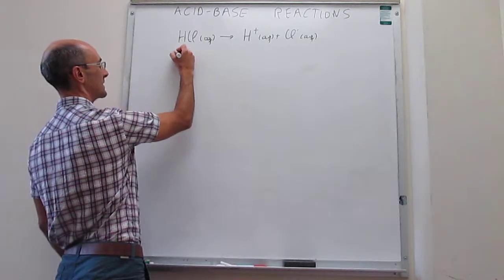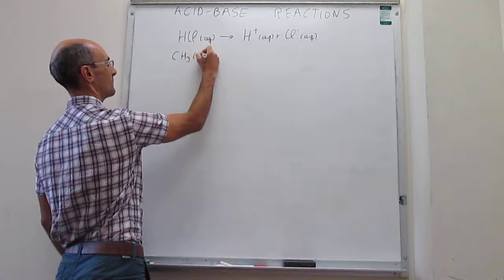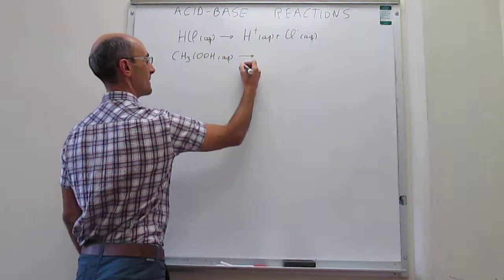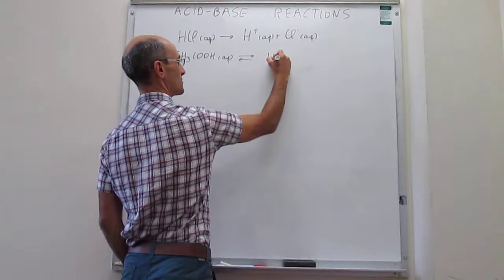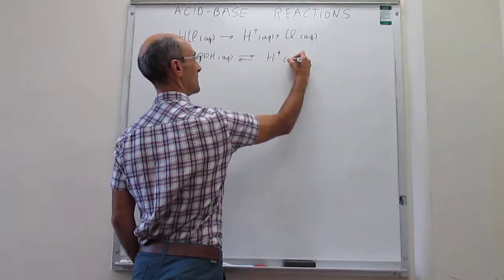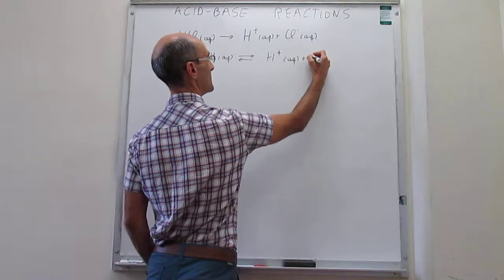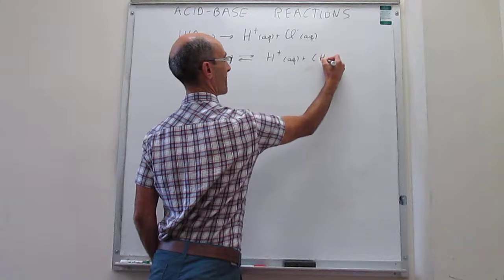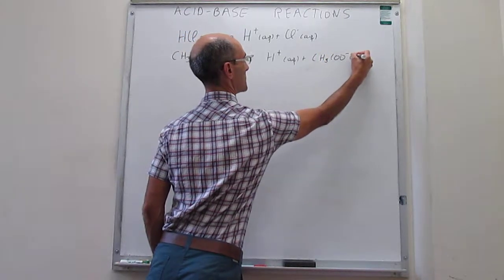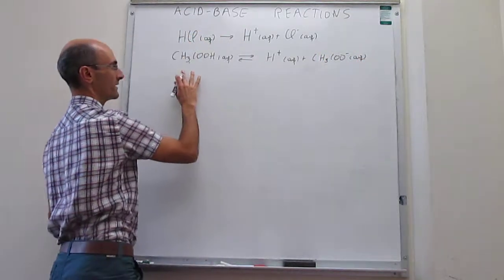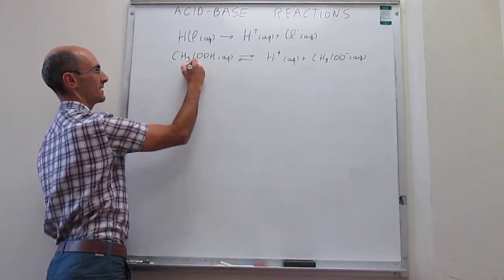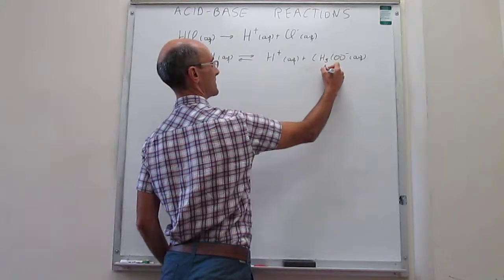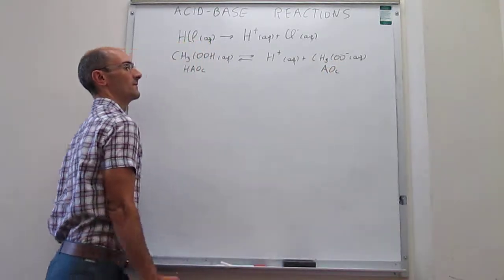For example, we can take acetic acid, which has this chemical equation. Put it in solution, and that also generates protons, aqueous, and acetate ions, CH3COO minus, aq. We commonly write this acetic acid simply as HAcO, and this acetate ion simply as AcO.